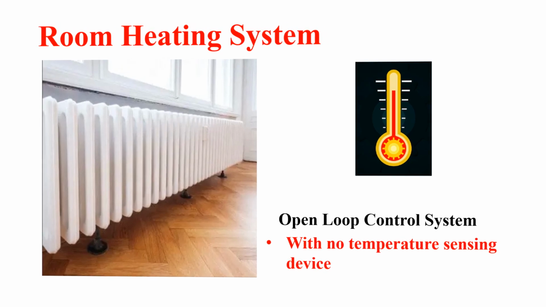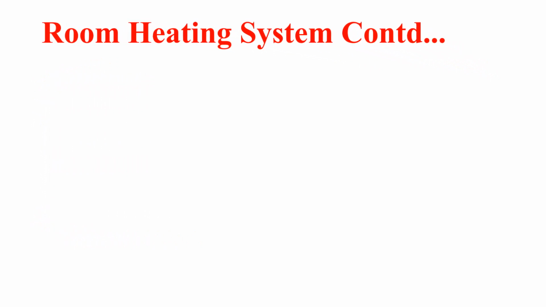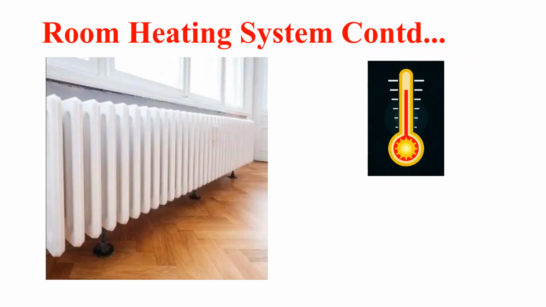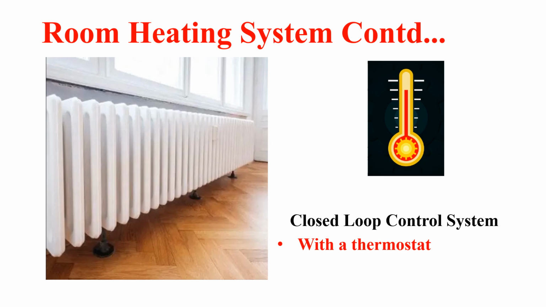Now we shall see how the same room heating system can be made a closed loop control system. It can be made a closed loop control system if a thermostat is provided. So what it does is a thermostat will be there.